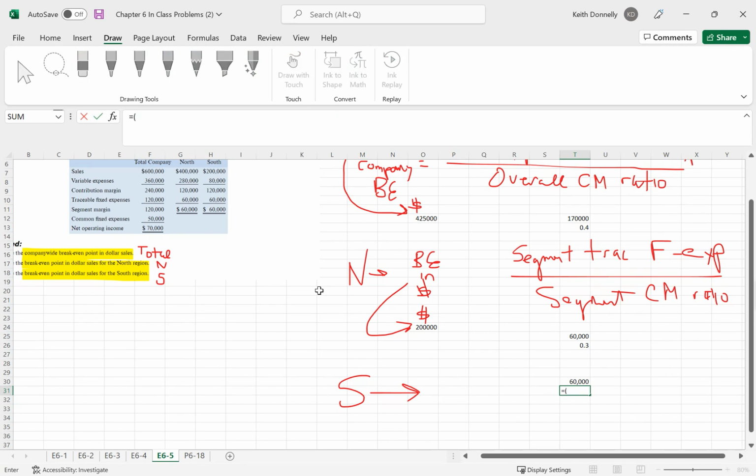Our contribution margin ratio is going to be 120,000 divided by 200,000. The 120 divided by the 200, we're looking at 0.6. So if we take our numerator divided by our denominator, we're at 100,000. Okay?